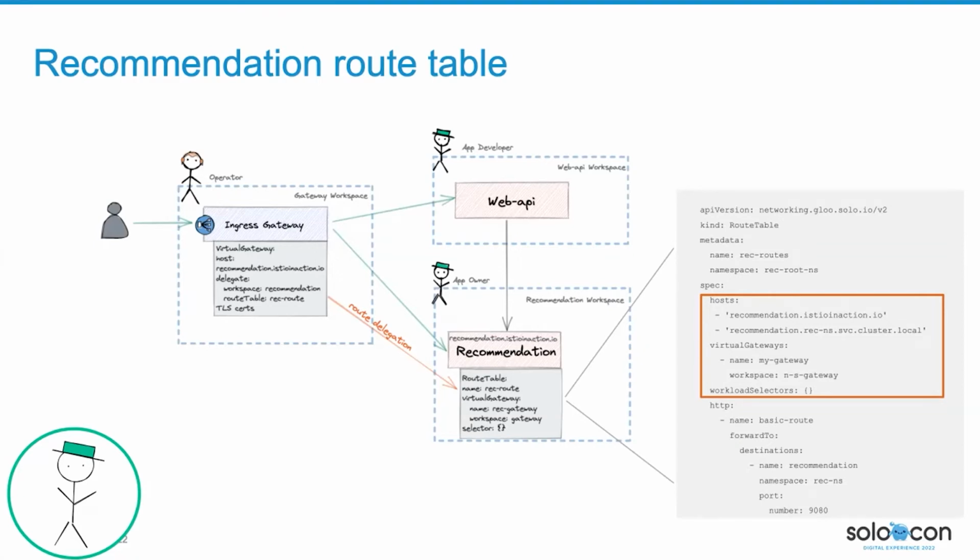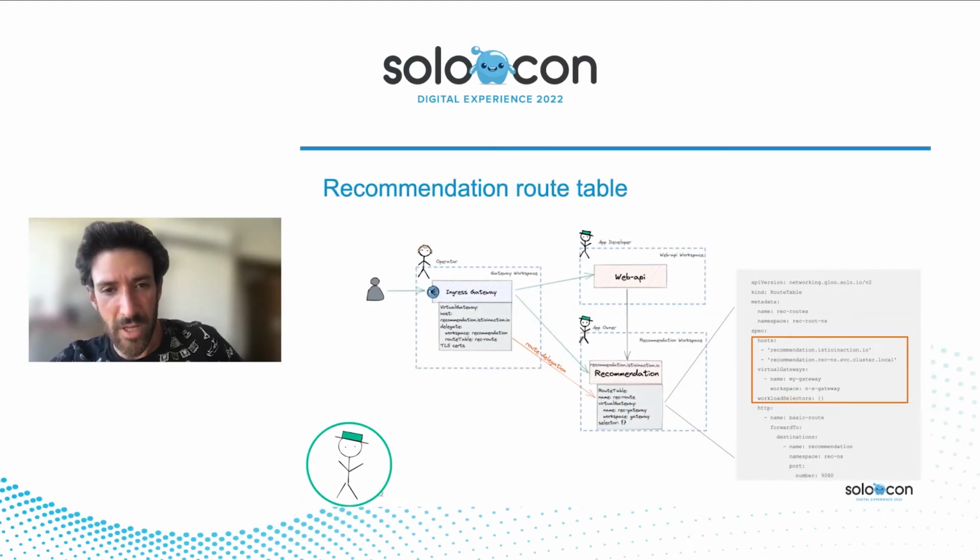We can see that the virtual gateway allows us to expose it for north-south traffic, and the workload selectors expose it to east-west traffic. So we're saying here selecting all workloads in our workspace, as well as any workspace that imports this route table. And we have one route within the table, which forwards all traffic to the recommendation service on port 9080.